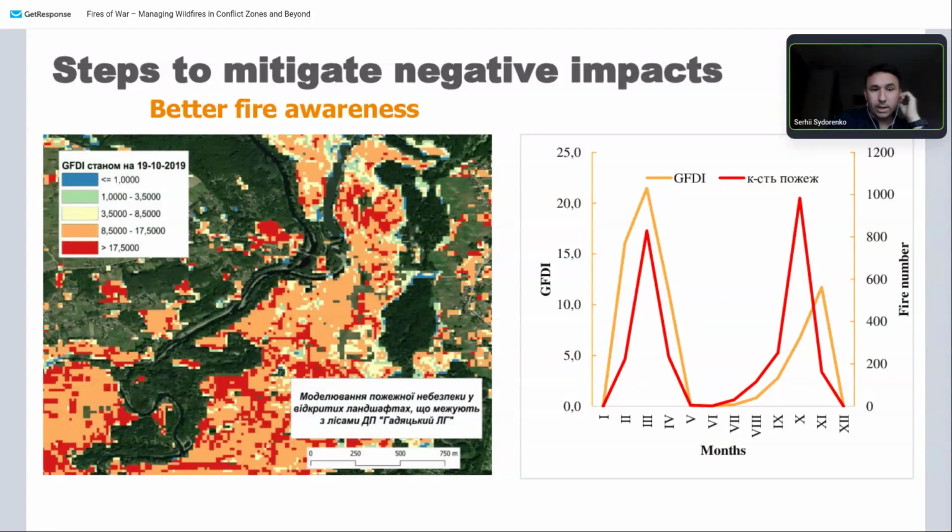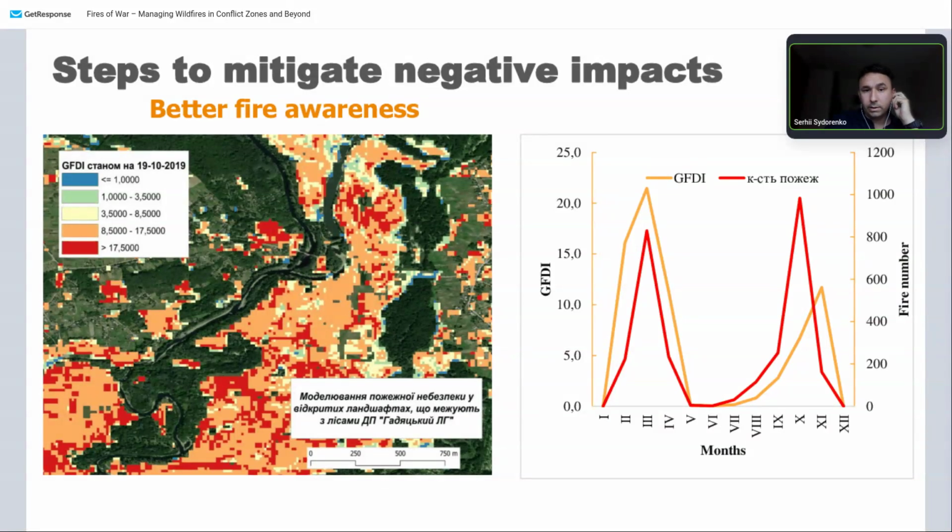And in most cases, landscape fires start outside the forest in open landscape, somewhere in the grasslands, and then spread into the forest and damage stands. So what we've done, we actually adapted the Australian fire danger rating system for grasslands, GFDI, to Ukrainian conditions.